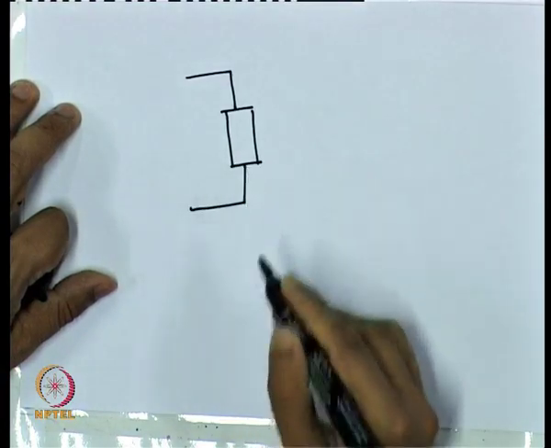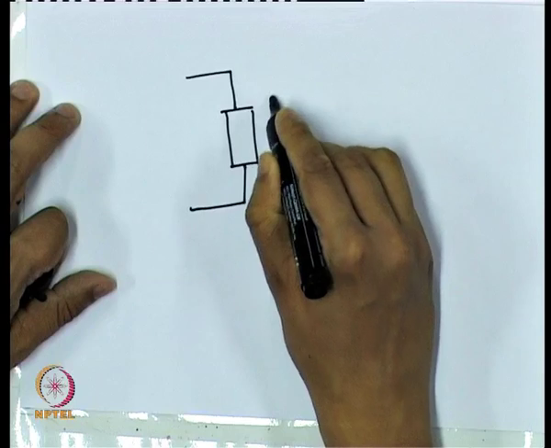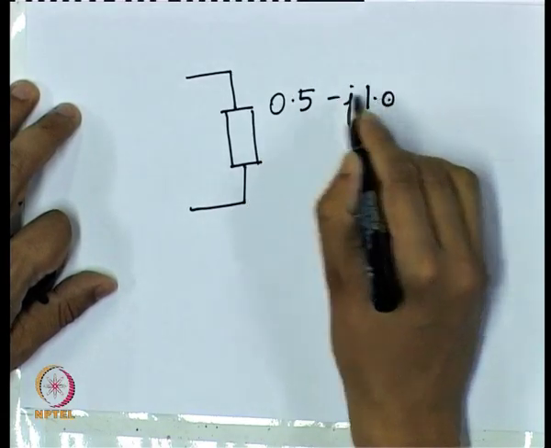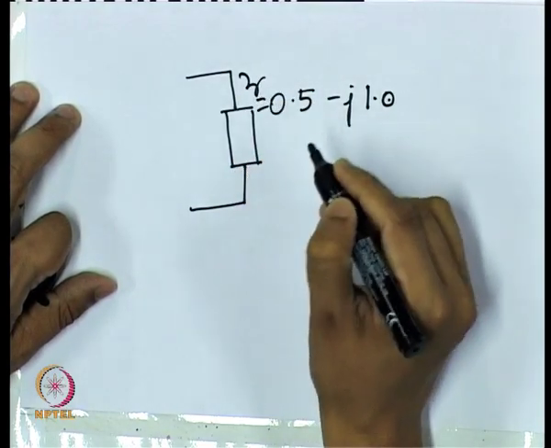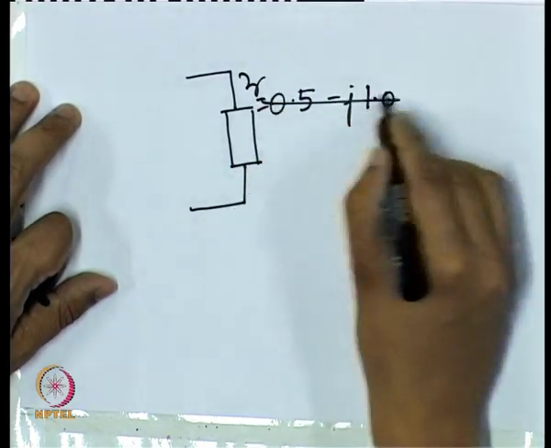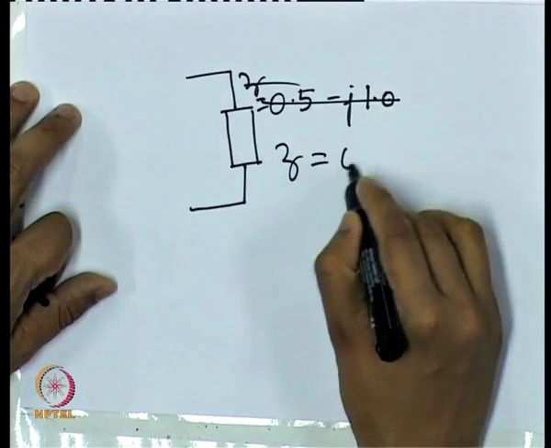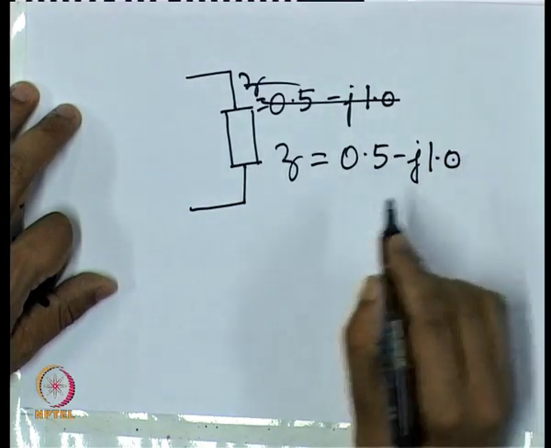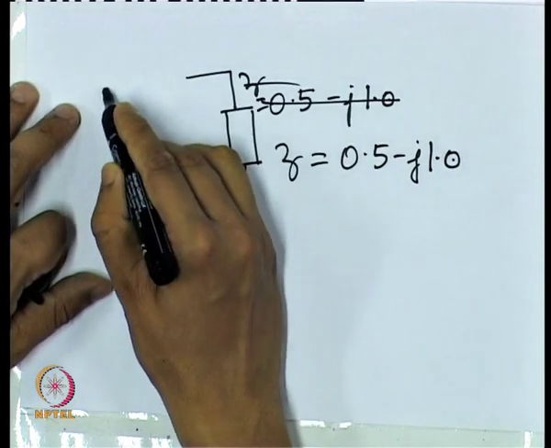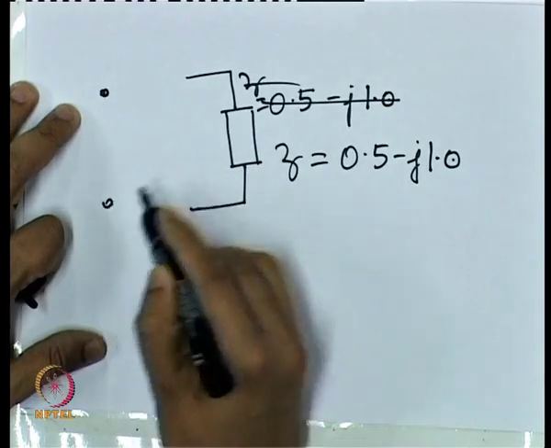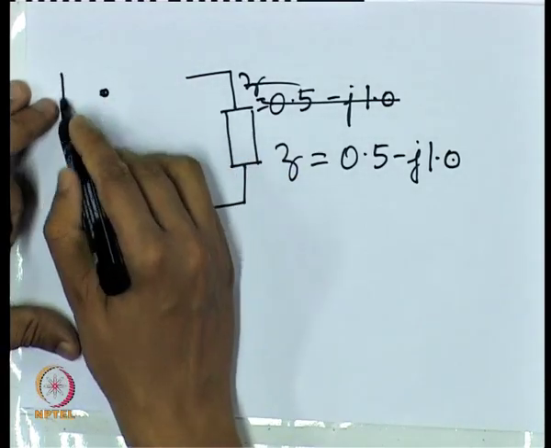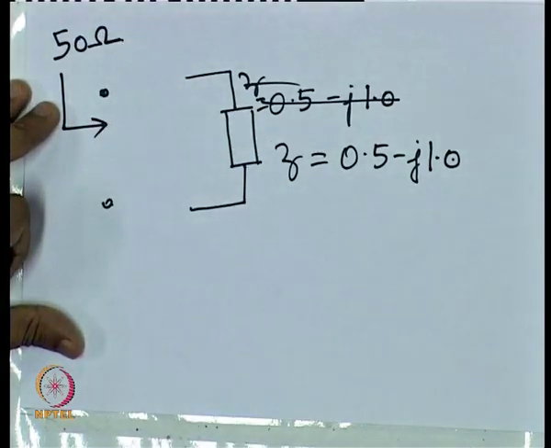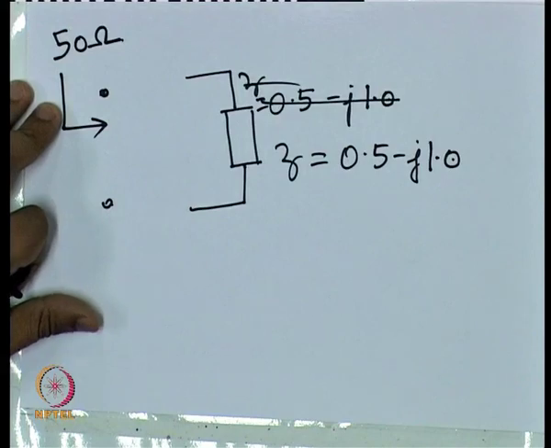Here, of course, all the impedances and admittances that we are considering are normalized impedances and admittances. Let us suppose we have an impedance Z given by, let me write it properly. And we want to have some network in between so that we finally realize a 50 ohm impedance at the input of this network.